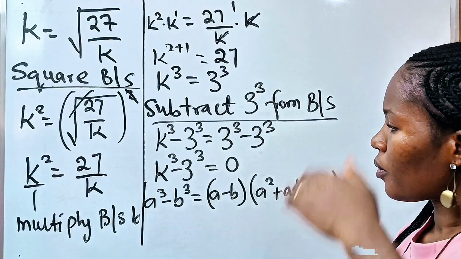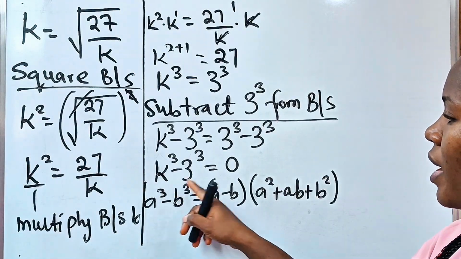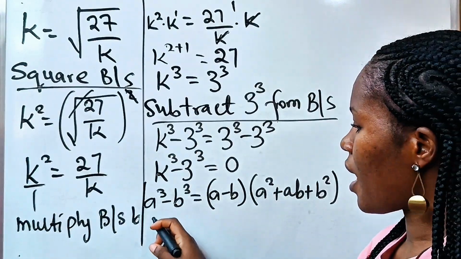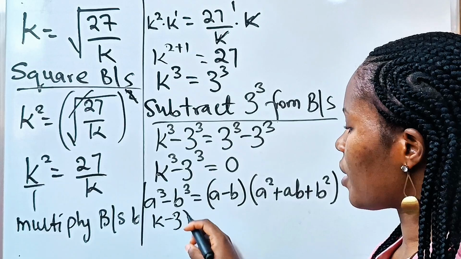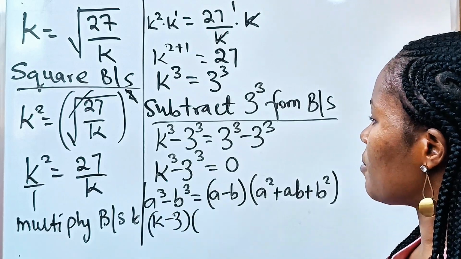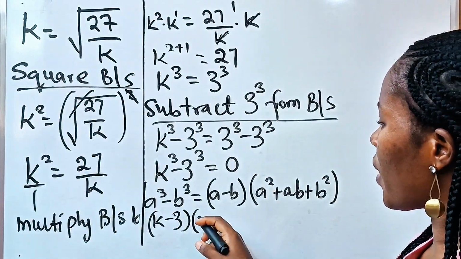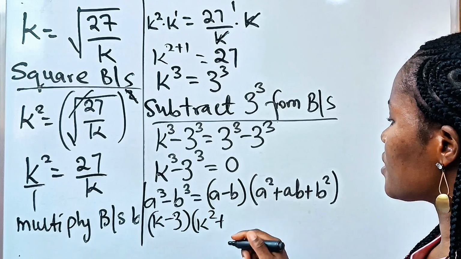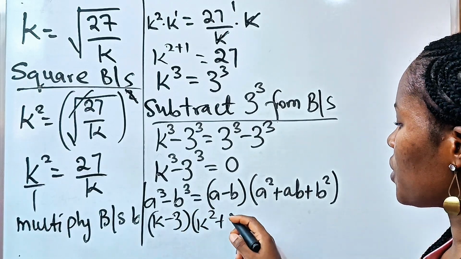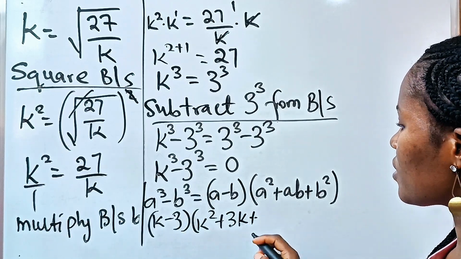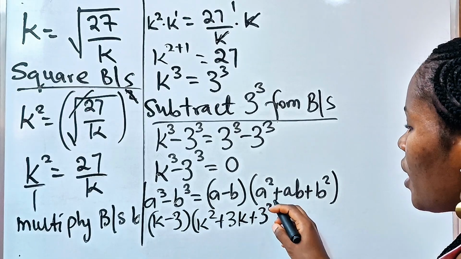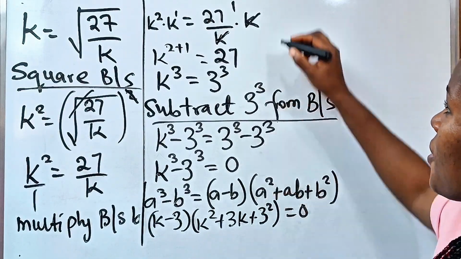Okay, so that means that we can express this as (k minus 3) multiplied by (k squared plus k times 3, which is 3k, plus 3 squared), and this is equal to 0.